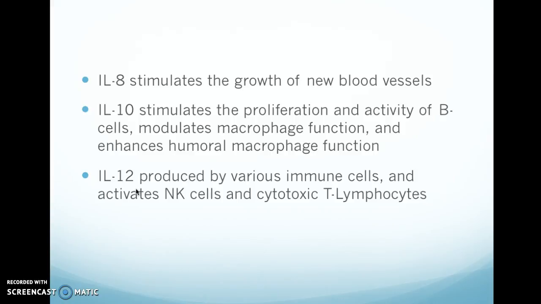So I'm just going to talk about a few of the diseases that I found to be interesting. I'm not going to talk about all 37 of them, but these are the ones that really stuck out to me. I haven't mentioned IL-1 yet, but that one plays a major role in neuroinflammation.